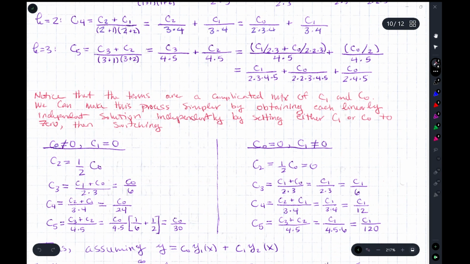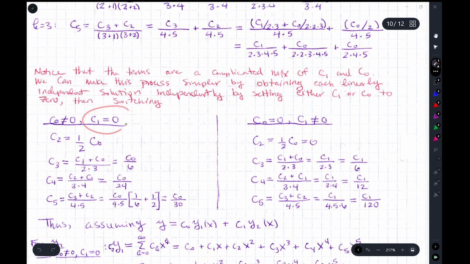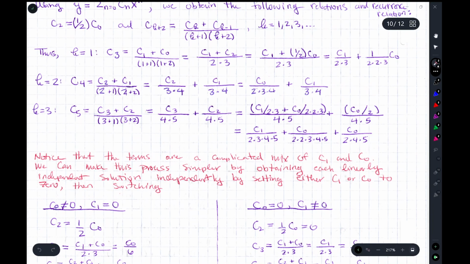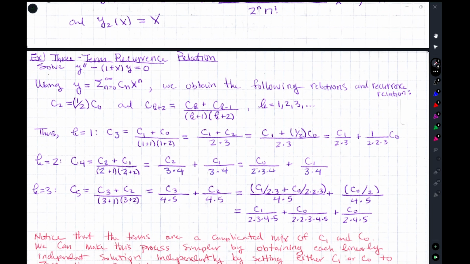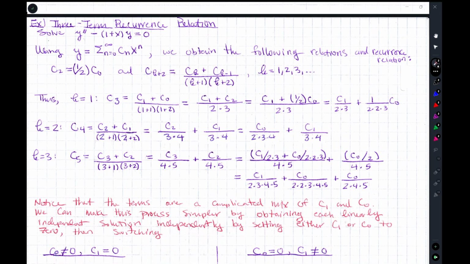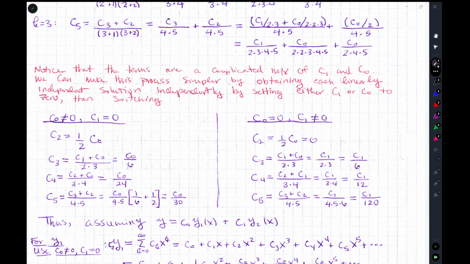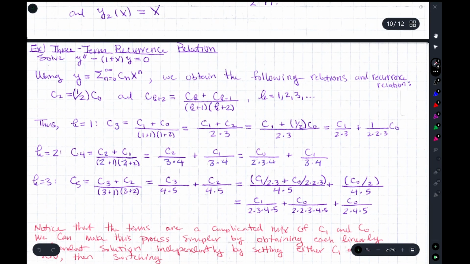And so we'll do that. Let's first turn off all the C1 terms. We're pretending that C1 is equal to 0 and C naught isn't, and we just do this procedure. If we run into one of the terms that depends on C1, then we just set C1 equal to 0, and we just keep going. So we'll start with K equals 1.